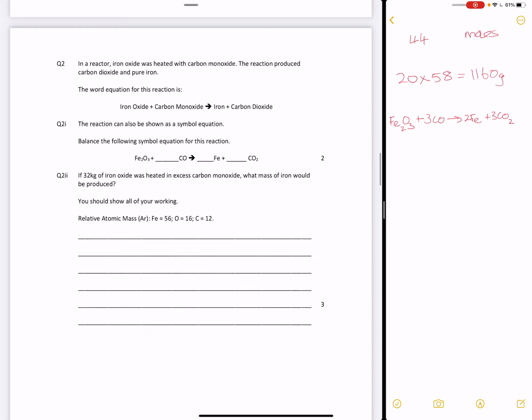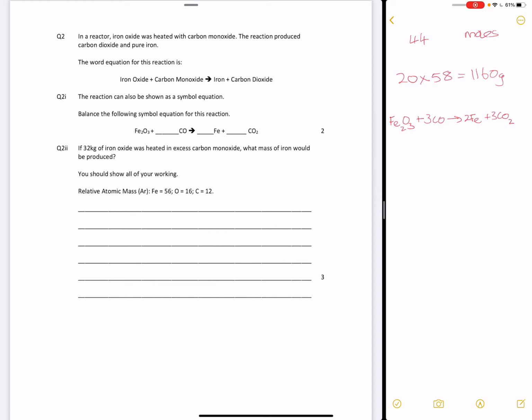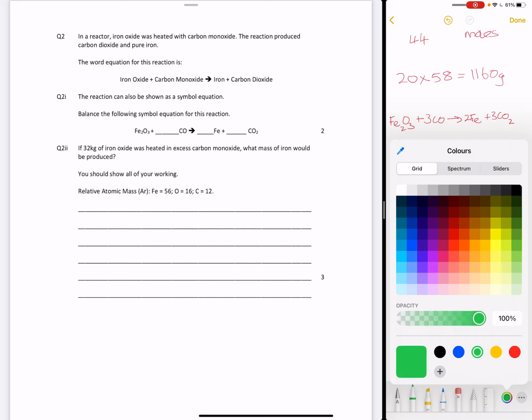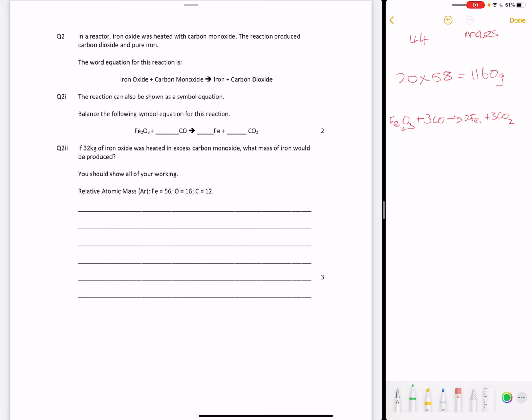So the next question is talking about if 32 kilograms of iron oxide was heated in excess carbon monoxide, what would the mass of iron be produced? It's worth 3 marks, this one. So looking at the equation, you are interested in this and this only. So working out the relative formula mass of iron oxide, that should come to 160 grams.